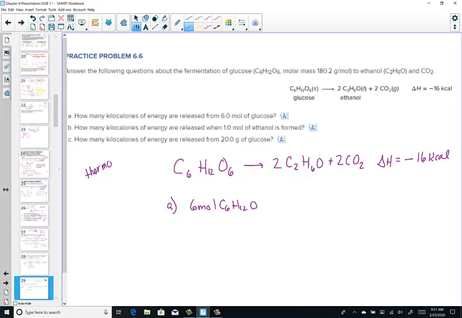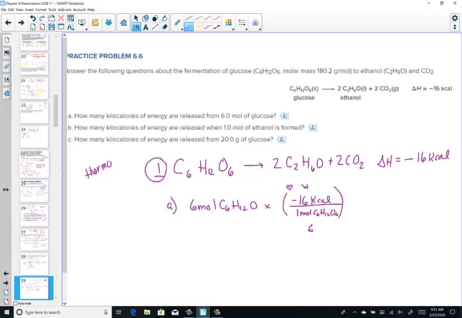So really all we need on the stoichiometry roadmap is the second step, the ratio, our want over given stoichiometric ratio. So from the balanced equation, negative 16 kcals, starting with 1 mole of glucose.